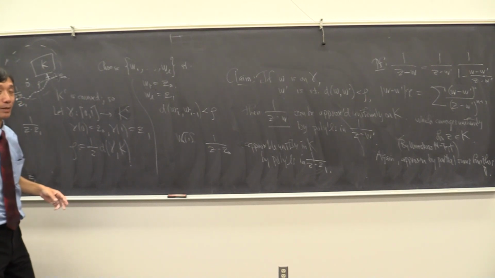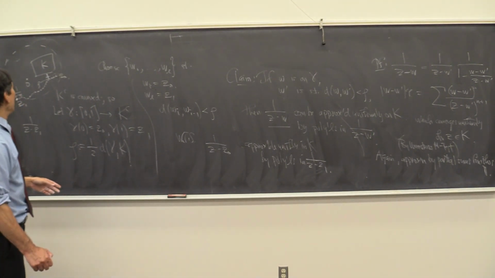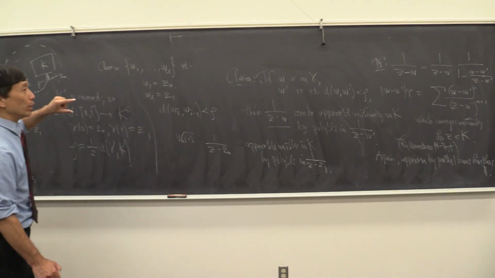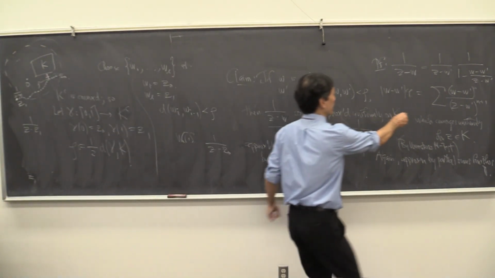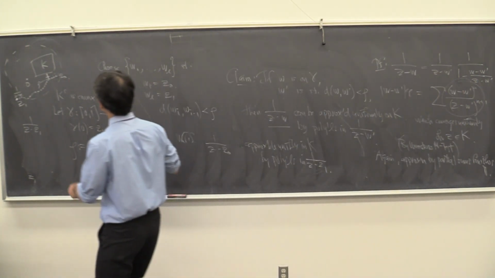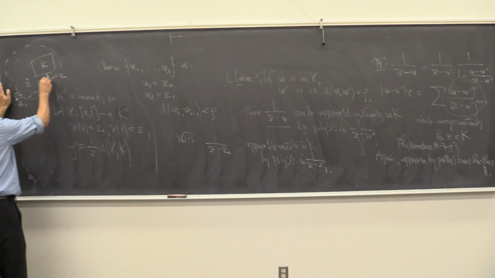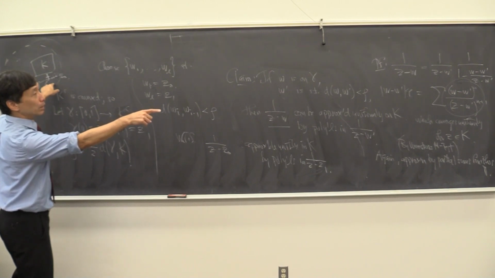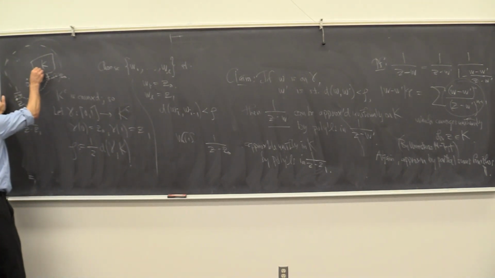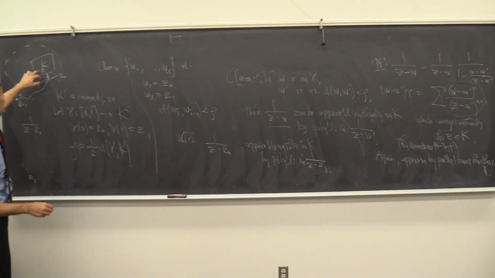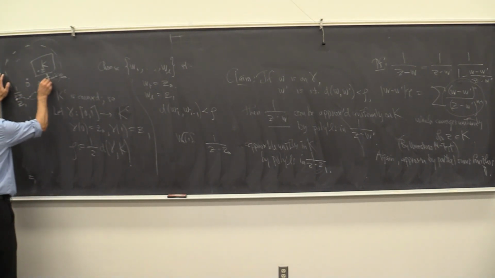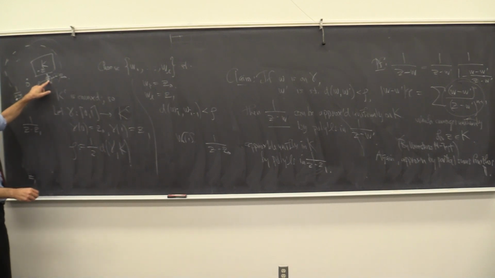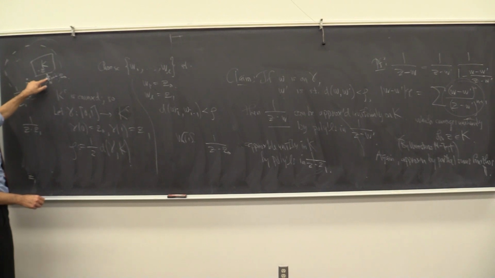Yes, Noah. Why do we have the 1/2 in the definition of rho? Because in order to ensure, so that's this point right here, right? w minus w prime is smaller than rho. z is in K. If w prime is in the circle of radius rho, then the distance from z to w prime has to be greater than rho.